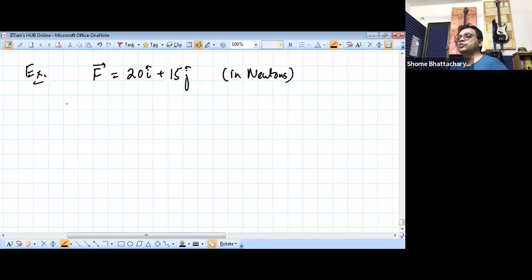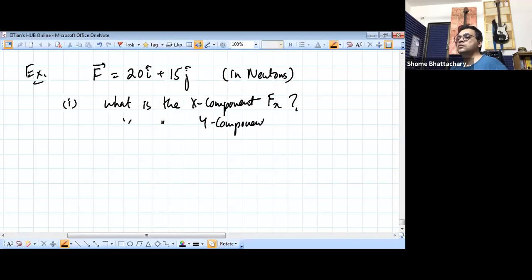First thing is, we just want to say what is the x component, let's say Fx, and similarly, how much is the y component, Fy. That's the first thing we want to do.